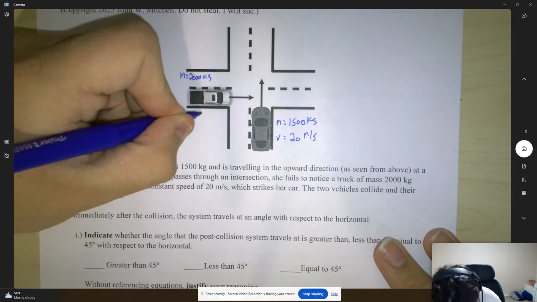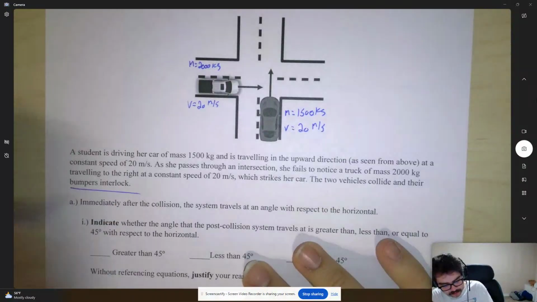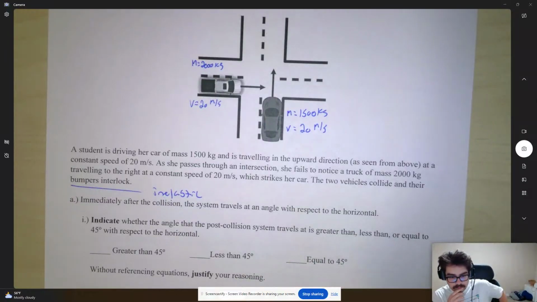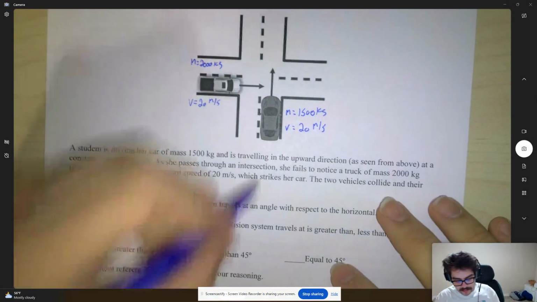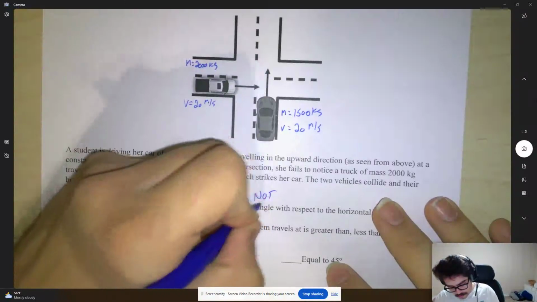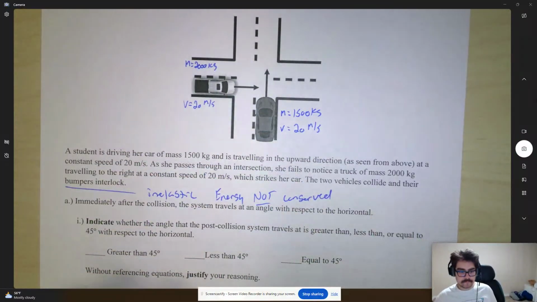Strikes her car. The two vehicles collide. Their bumpers interlock. So this is an inelastic collision. Immediately after, that means that energy is not conserved.